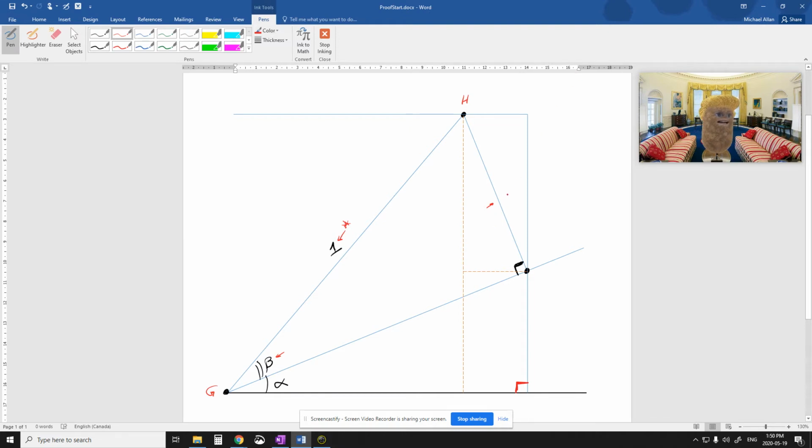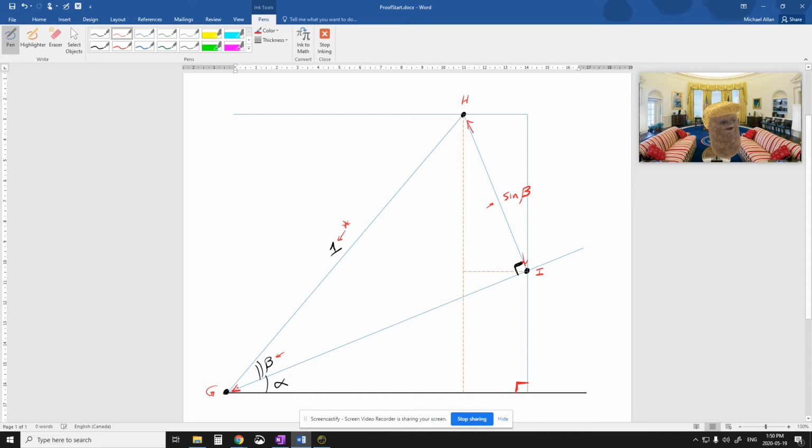So this line over here, from H down to, let's call that I. H down to I, that line is sine beta. Hopefully you can agree that this line here, all the way down to here, is sine beta.